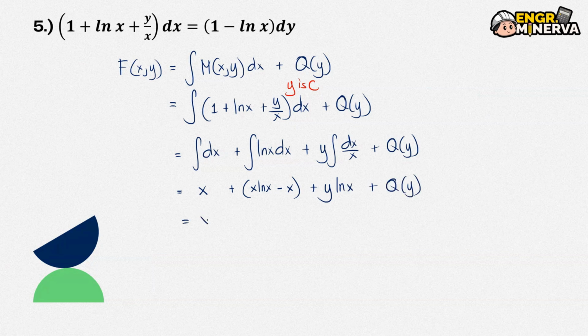So this would be x plus x ln of x minus x plus y ln of x plus q of y. So we can eliminate the x. That would be x ln of x plus y ln of x plus q of y.